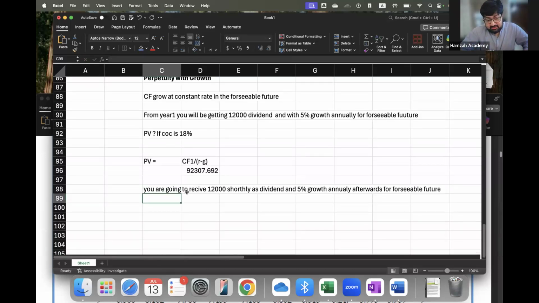Now, the point is, you are going to receive now, shortly, not the next year. So it is current cash flow, CF0. So calculate present value of all cash flow.